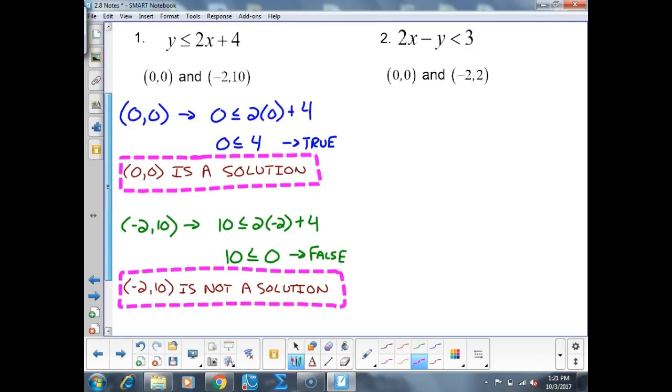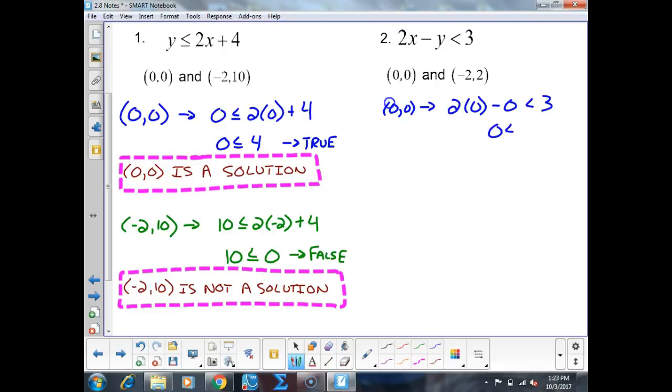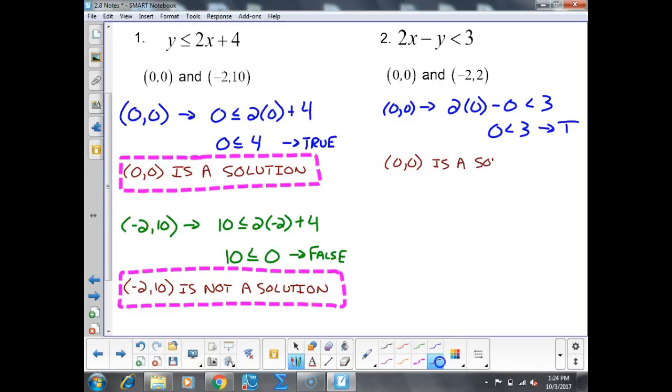You try number 2. So, origin first, 2 times 0 minus 0 less than 3. That gives me 0 is less than 3. That is a true statement. So the origin is a solution.